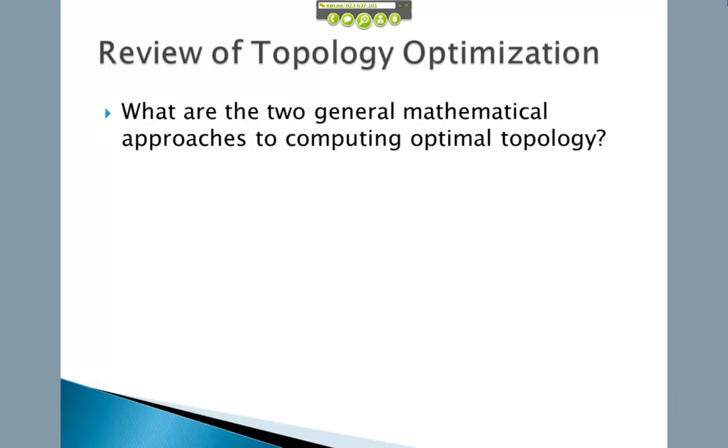All right, so just a little bit of a review about topology optimization. What are the two general mathematical approaches used in doing topology optimization? What are the two approaches that we talked about? And if you don't know their name, at least describe what they are, how they work. It's the one with the voids in the middle of the elements. Okay, the one with the void in the middle of the element.